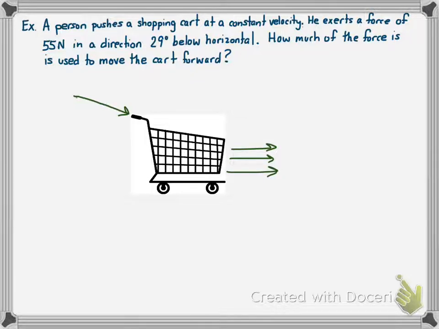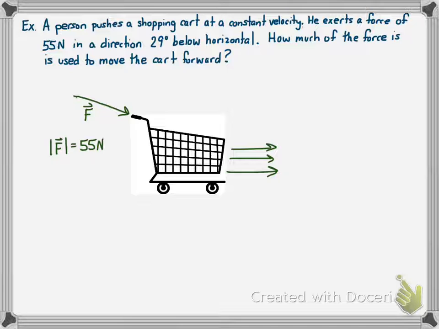Okay, now some information that we're given is that this person exerts a force of 55 newtons, so that means that the magnitude of our force vector is 55 newtons in this case. And we are also told that the direction of this force is 29 degrees below horizontal.